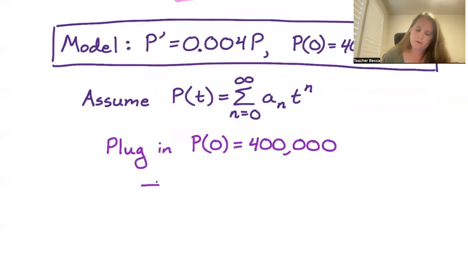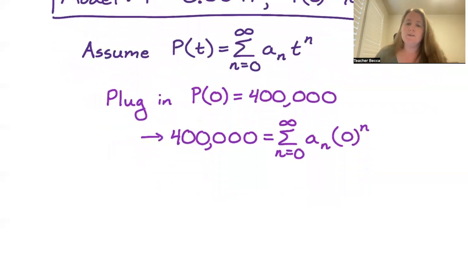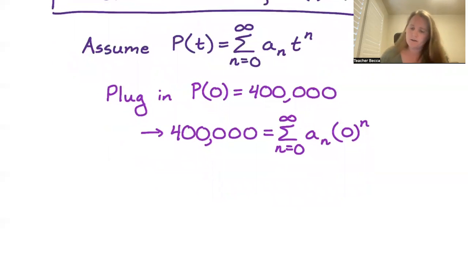So we have then that 400,000 is equal to the sum from n equals 0 to infinity of a sub n times 0 to the n. So again, that very first term, the 0th term, we just have a sub 0, and then we have our higher powers, which will all go to 0.